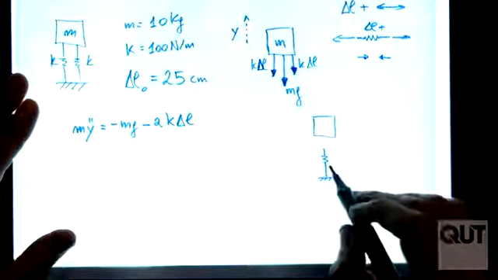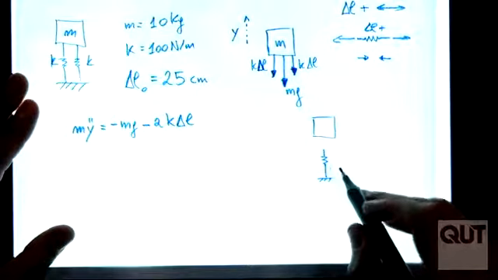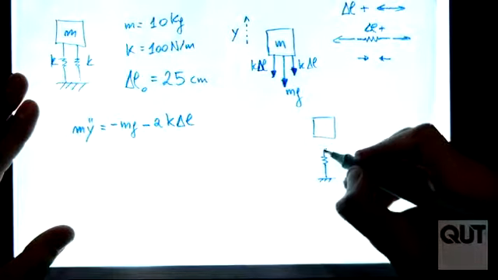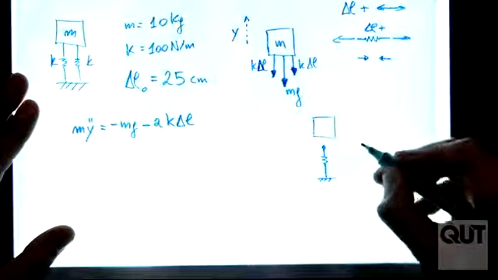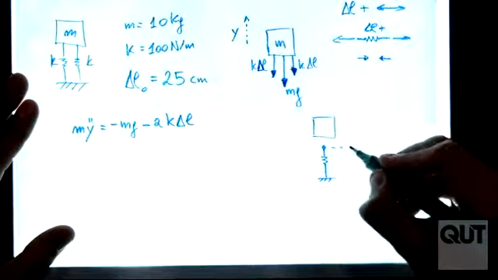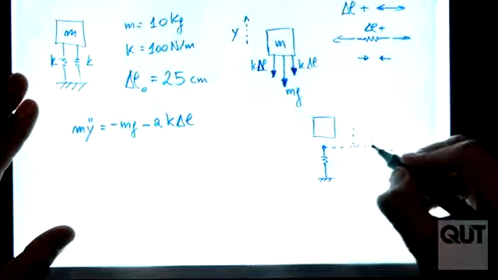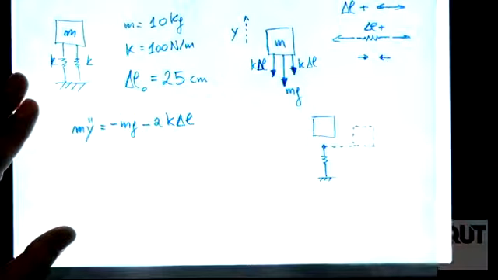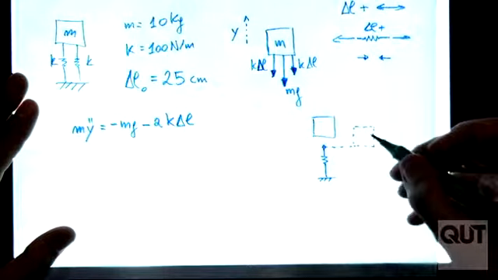That's my spring, which is not loaded. So it's free length. Then I put my mass on. So this is the free length. I put my mass on. What happens to the spring? It gets compressed, right? So it goes down here.